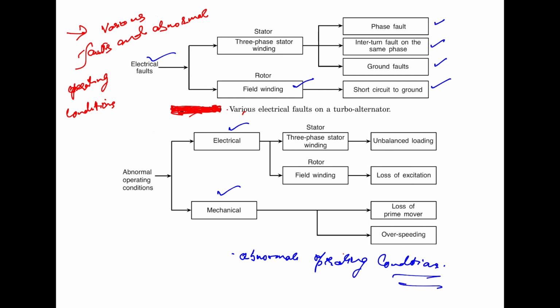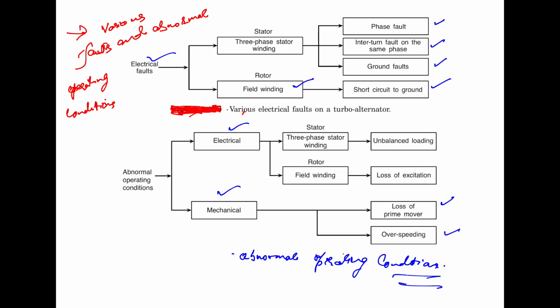Under the mechanical abnormal operating conditions, we will have the loss of the prime mover, where the speed of the prime mover decreases because of some issues, and overspeeding, where the speed of the prime mover increases.